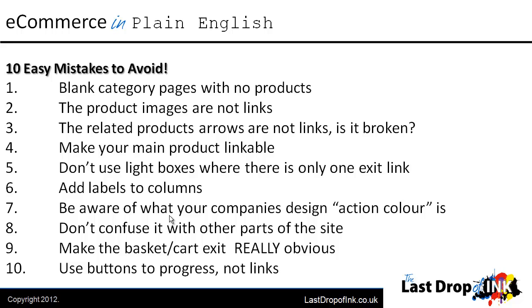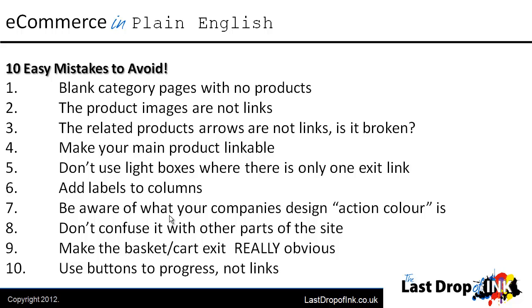Be very aware of what your company's design action color is. The site which we looked at a few moments ago had two core colors, blue and red, and we were using a mixture of those colors throughout the site, and that's bad practice. What we should be doing is picking one key color, and in this instance it should be red, and then using that throughout the entire site for all your action buttons. So let's think about that for a moment.